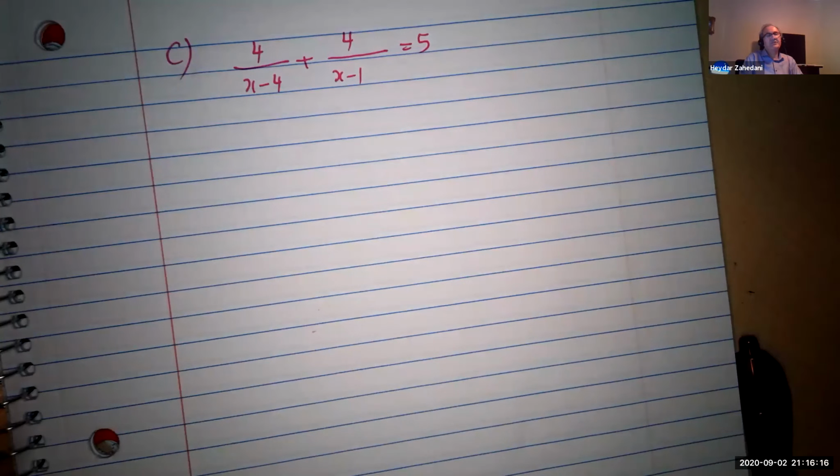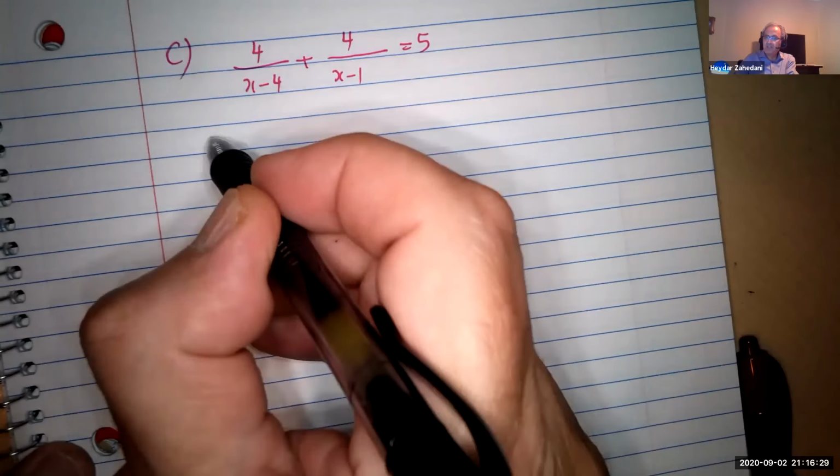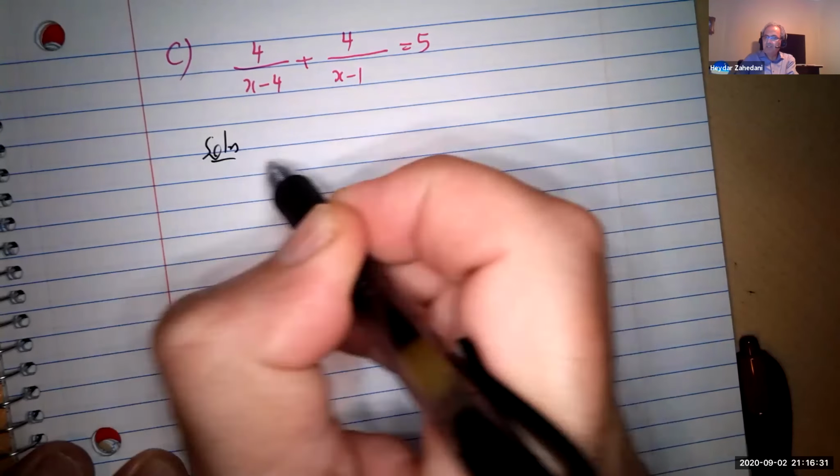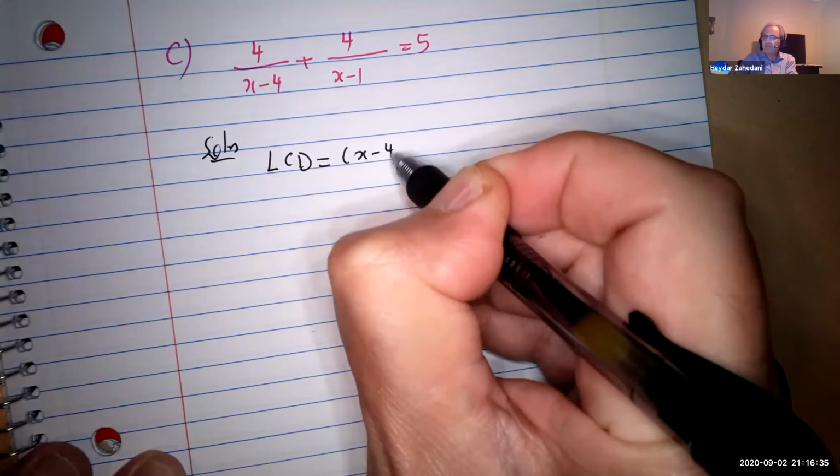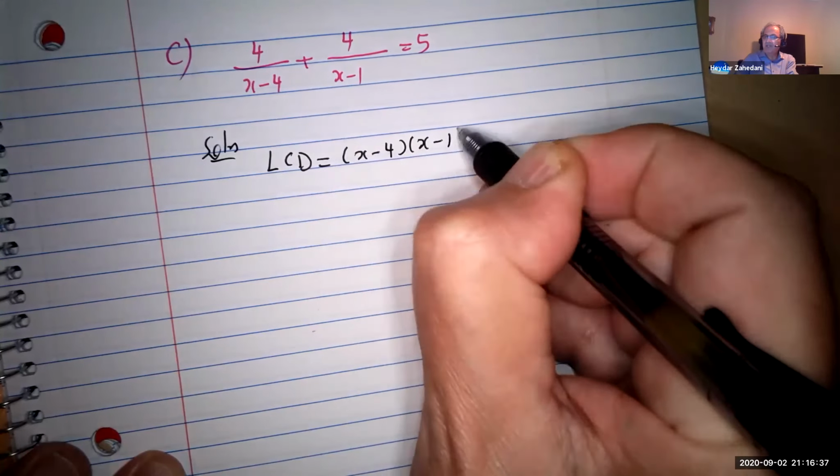You have to remove the denominator. You have to find the common denominator, the product of the factors. We have 2 factors, x minus 1 and x minus 4. So the least common denominator is x minus 4 times x minus 1.